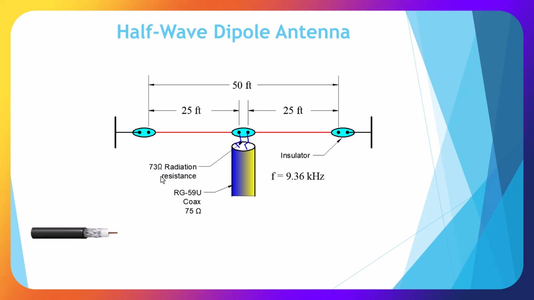And we have a 73 ohm basic resistance, and I chose a coax, an RG59U, which is 75 ohm, and here's a standard coax picture. And you see it has two elements between insulators and some kind of a structure holding it.